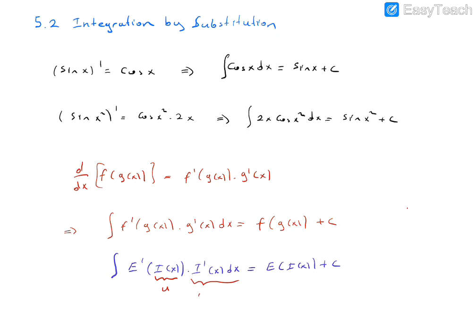So differential of u is derivative of the interior function times dx. So then from here easily you will obtain the following formula: e prime of u du, and by the antiderivative idea, it can easily be concluded, which equals e of u plus c, and u is the interior function. So as a result, we reach the above result.